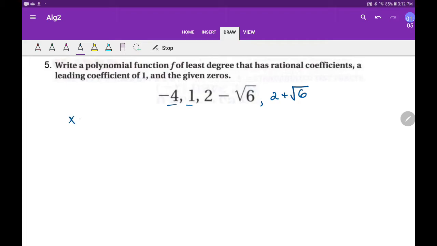So I'm going to say x plus 4, that goes with minus 4 to make 0. And x minus 1, that goes with plus 1 to make 0. And then I'm going to say x minus 2, and since I'm subtracting a negative, I'm just going to go ahead and say plus square root of 6 like that.